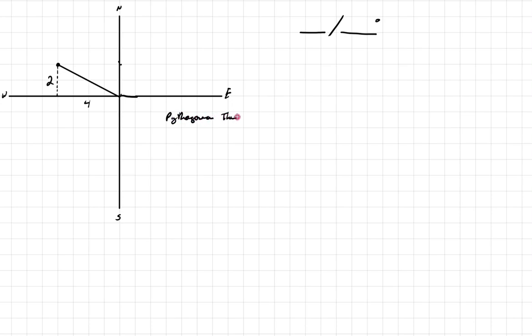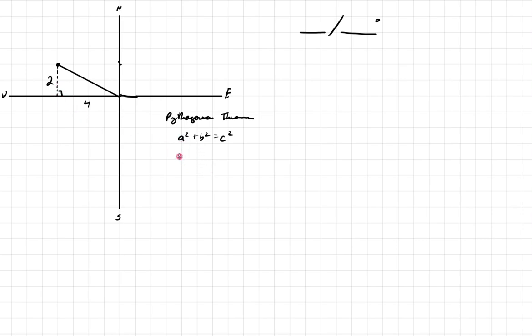His theorem says that with a right triangle, and this is a right triangle because we drew a line straight down and this made a 90-degree angle to the axis, you have a squared plus b squared is equal to c squared. And those are the sides relative to each other. A and B are the perpendicular sides, the sides that make the 90-degree angle. And then C is the hypotenuse. It's the slanty part between the 2 perpendicular sides.